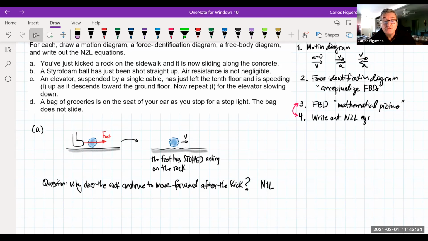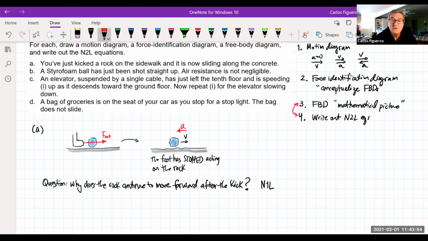But what you're finding in this scenario is that as the rock is going across here, what we do know is that there has to be some type of deceleration.